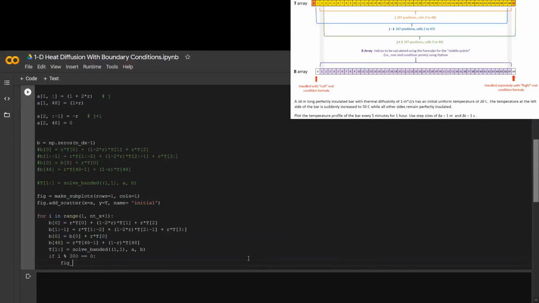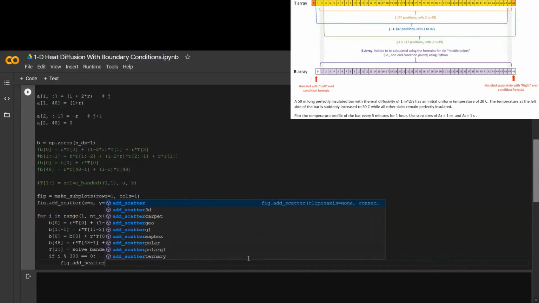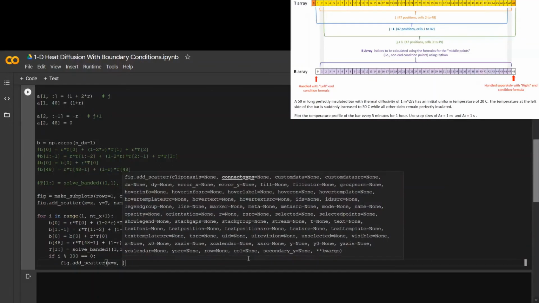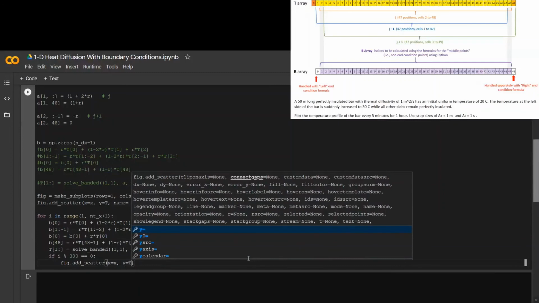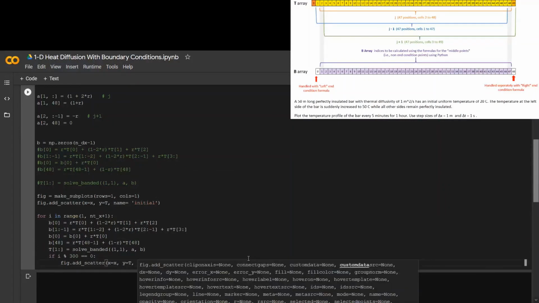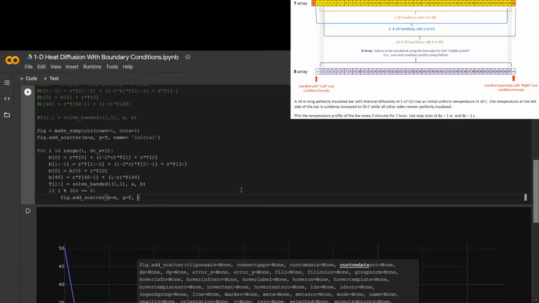Oops, it's got to be a dot. What am I doing? That's got to be parentheses. And this time we'll say x equals x, y equals t, and what is it?